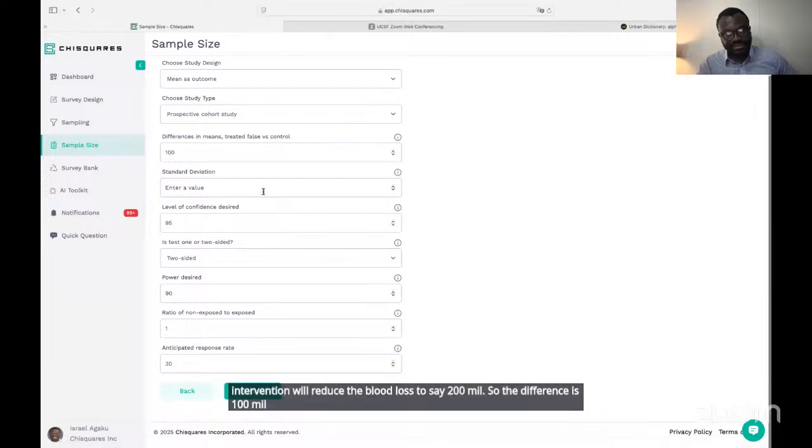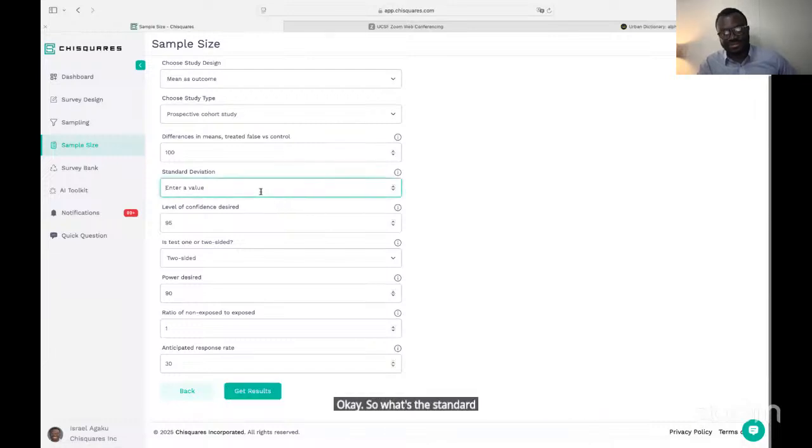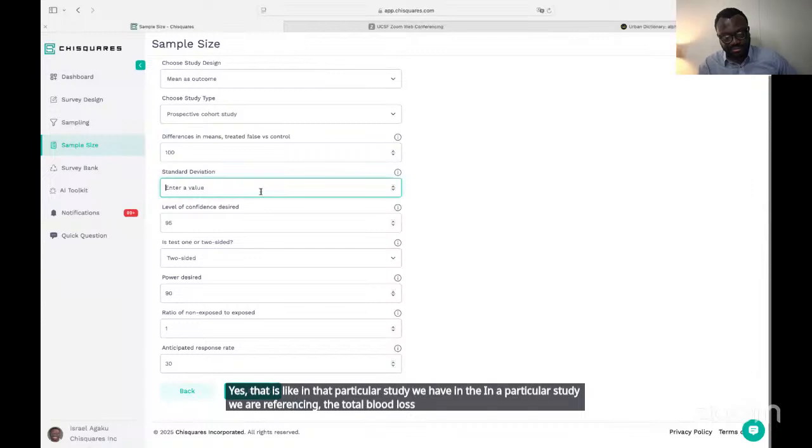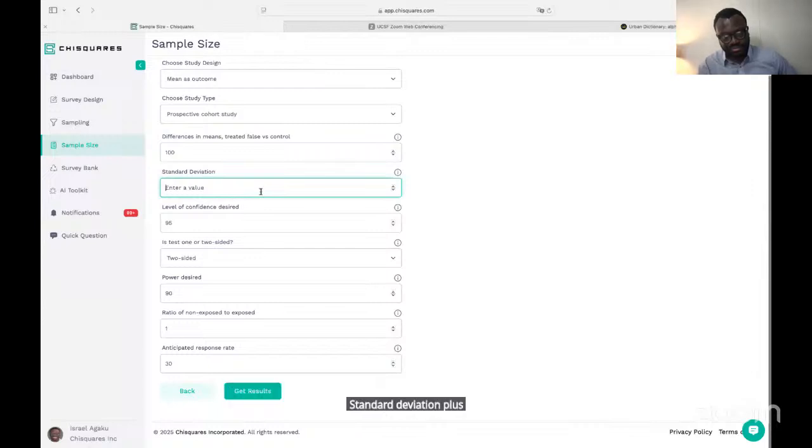Okay. So what's the standard deviation then? In a particular study we're referencing, the total blood loss in one group was like 237, standard deviation plus or minus 23 or 34 mil, let's say, for instance.